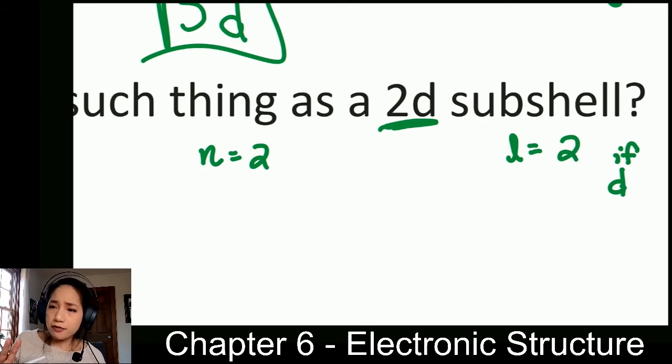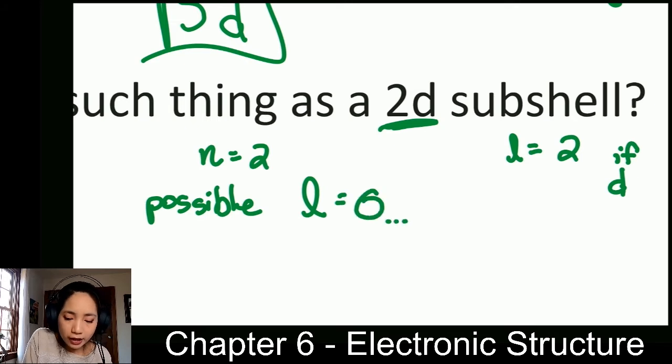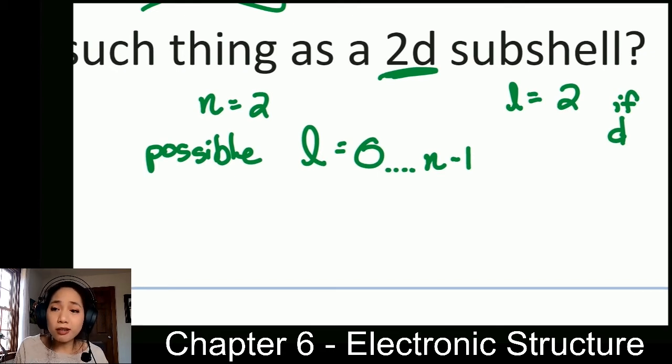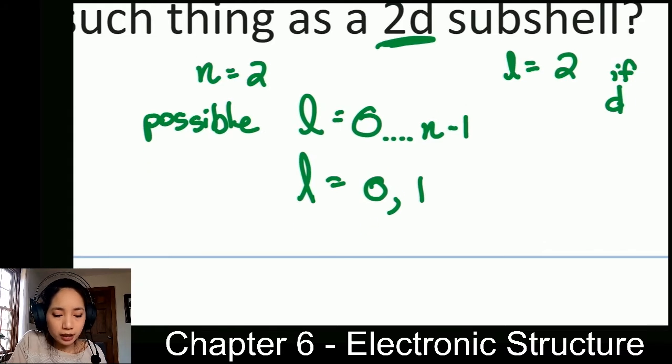Remember, if n equals 2, our possible L values are 0 and all the integers up to n minus 1. So our possible L values for n equals 2 are L equals 0 and 1, and that's it. That means we can only have an s subshell or p subshell. We don't have access to the d subshell.